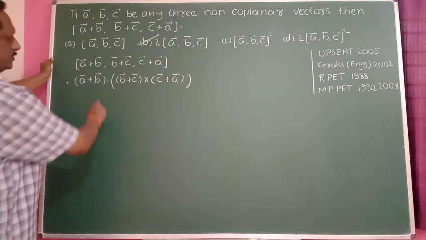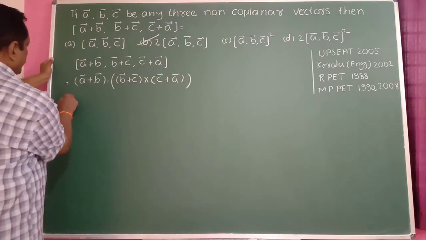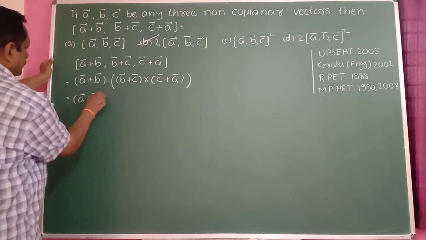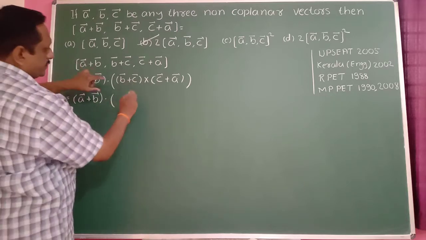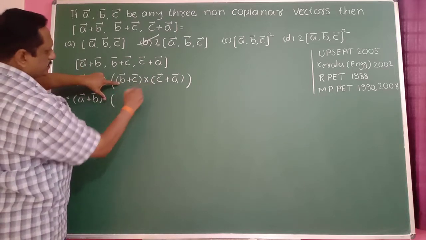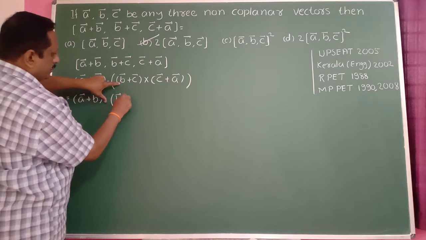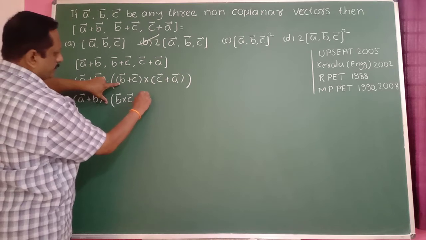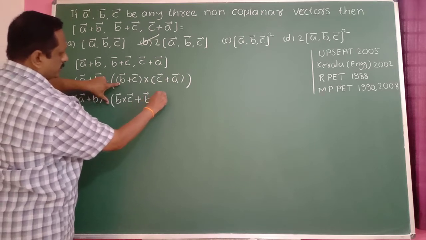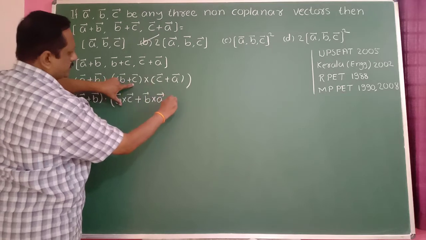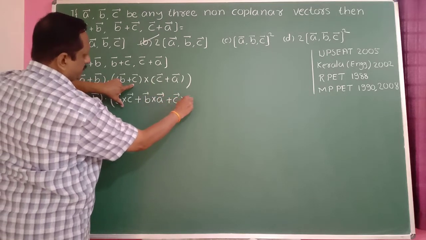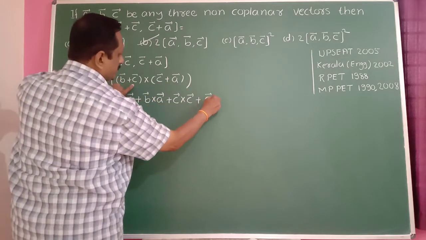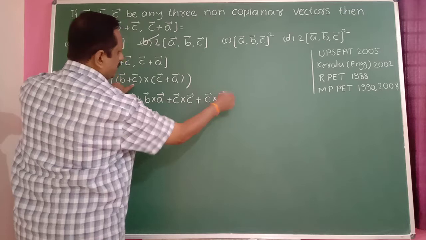Okay, so this is nothing but the scalar triple product. Therefore (a bar + b bar) dot of (b bar + c bar) cross (c bar + a bar). Multiply the terms, the cross product: b bar cross c bar plus b bar cross a bar, plus c bar cross c bar plus c bar cross a bar.